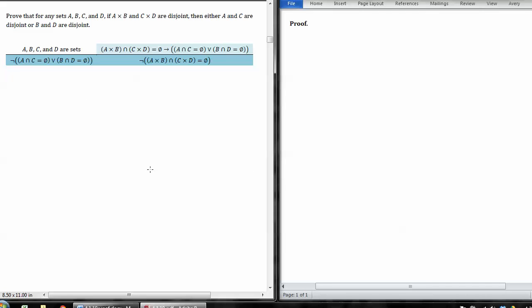So I have a couple negations, and the negation of that disjunction, I'm going to use De Morgan's law and get a conjunction. So this says that A and C have a non-empty intersection, and the intersection of B and D is also non-empty.